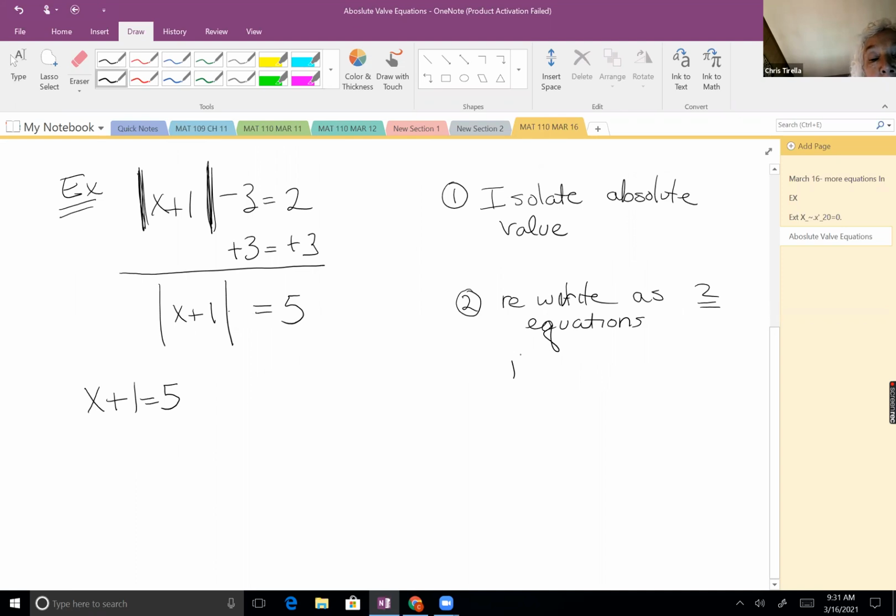So for the first, I kind of think of just lifting the bars. And for the second, we're going to lift the bars. X plus 1 equals, and take the opposite of the other side.